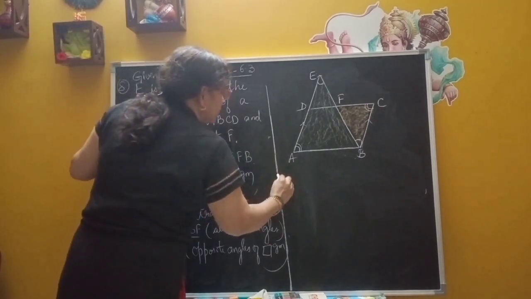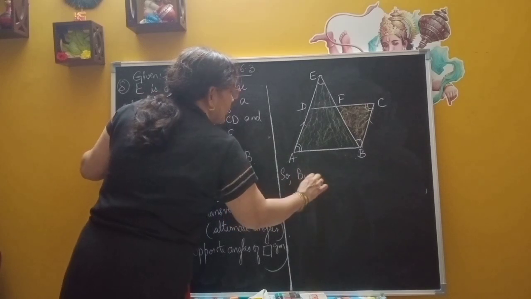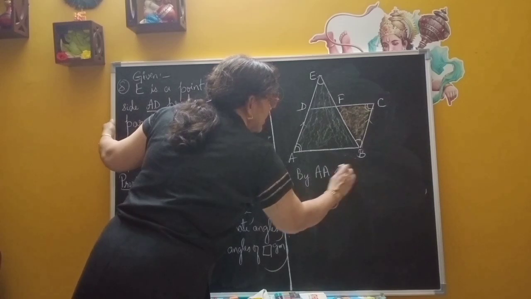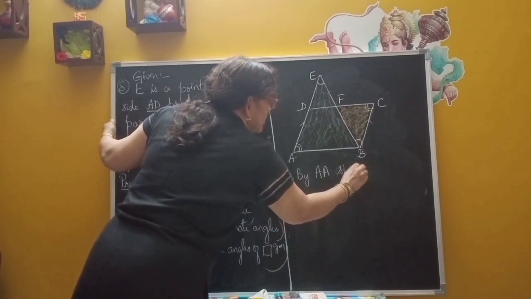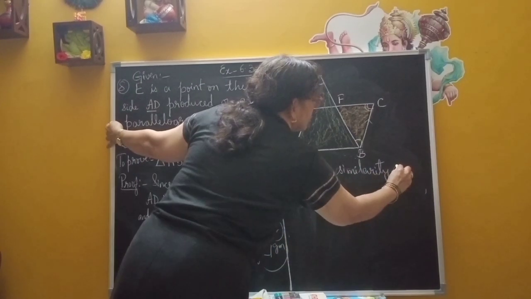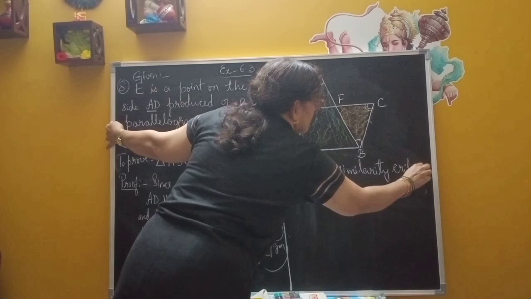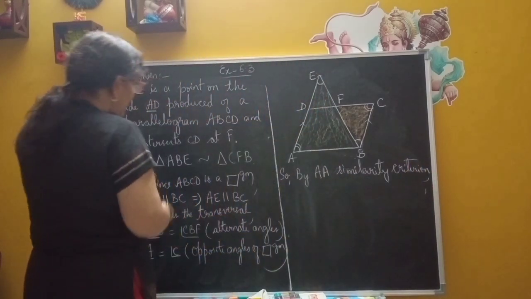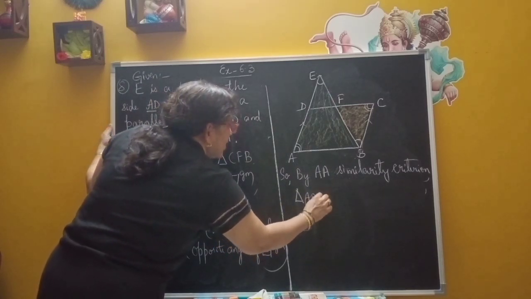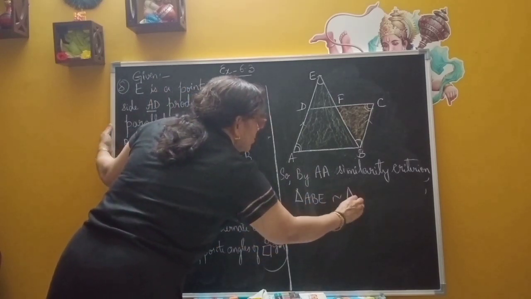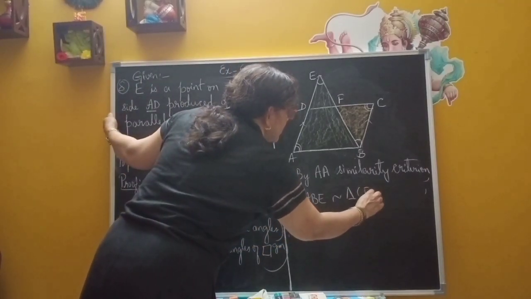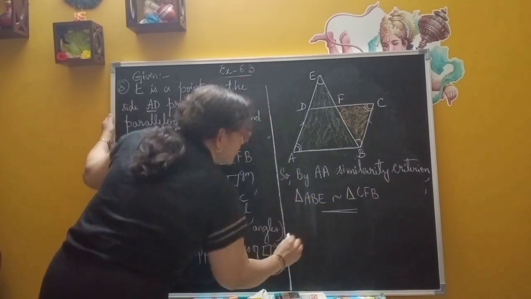Therefore, by AA similarity criterion, triangle ABE is similar to triangle CFB. Hence proved.